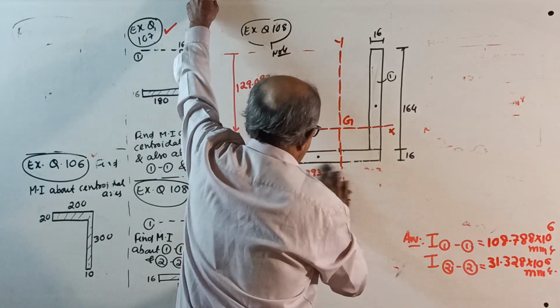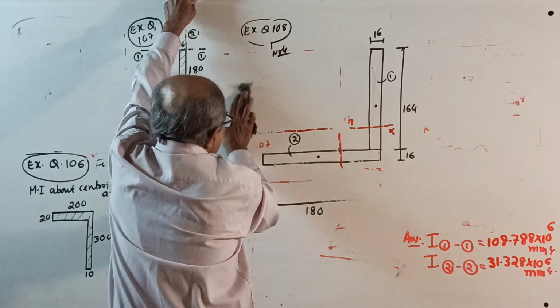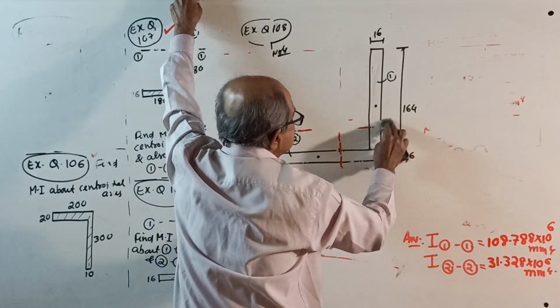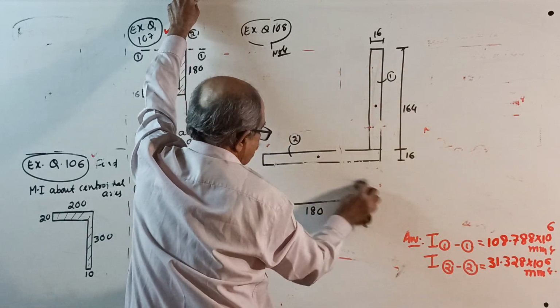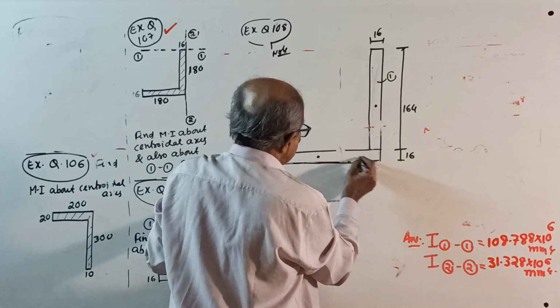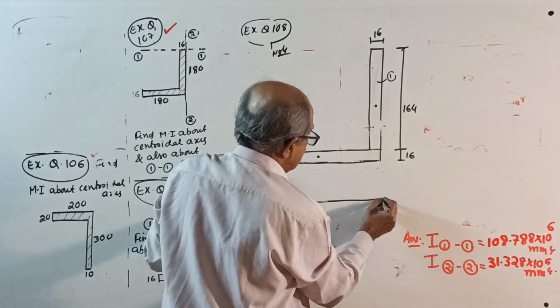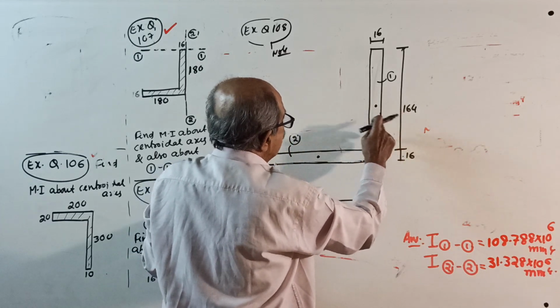See, first what do you do? No centroid, nothing. This also I told: divide into parts. Okay, I can use the same sketch. Why waste time and space? First divide into parts: 180, 16, 164. Red color is not there, no?